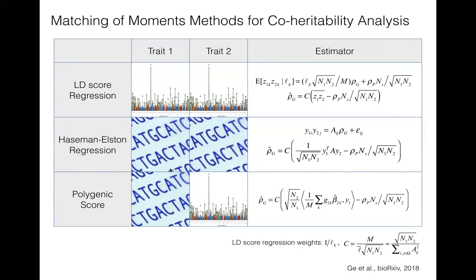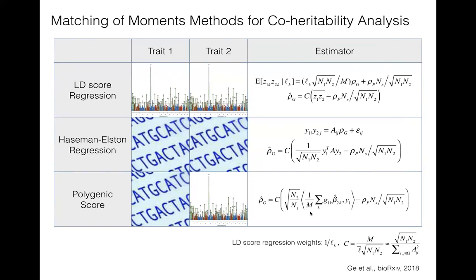In this case, if you want to do LD score regression, you need to run hundreds of thousands of GWAS to get the summary stats, which might not be computationally feasible. But with this third representation, you only need to compute a polygenic score and then correlate this polygenic score with the phenotype, which can be highly computationally efficient.